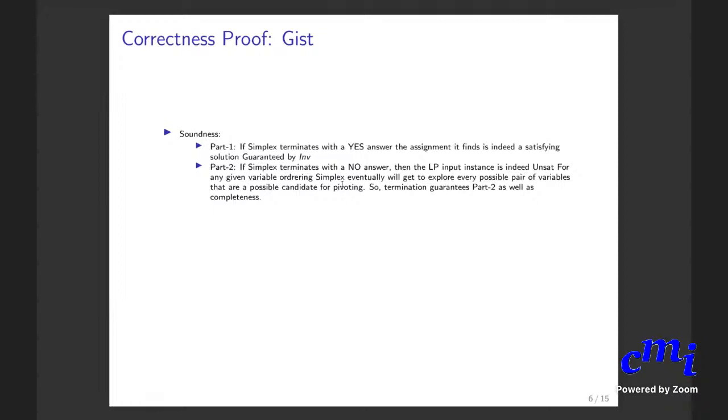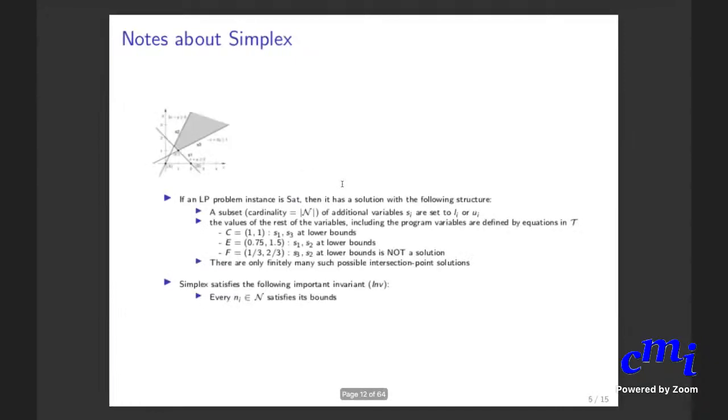Now, the reason you can have doubt in this case is because, here for example, there are two solutions, but the solution C is reachable only by some variable ordering. Not every solution is reachable by every ordering. So you may ask, if you choose some variable ordering in which C is not reachable, where is the guarantee that you can always get to E?